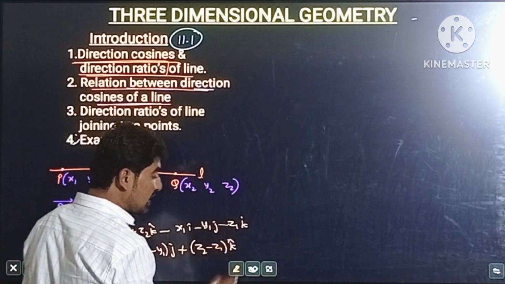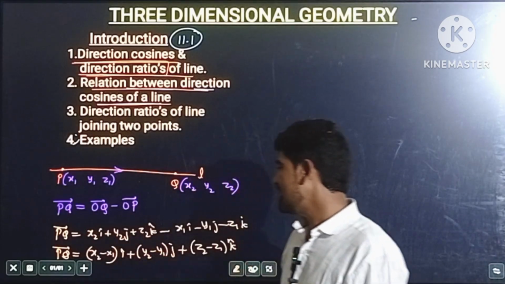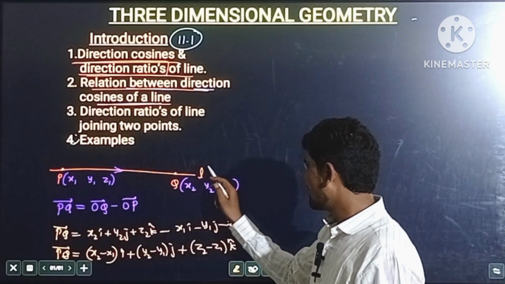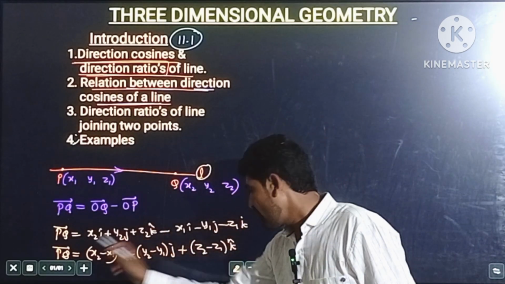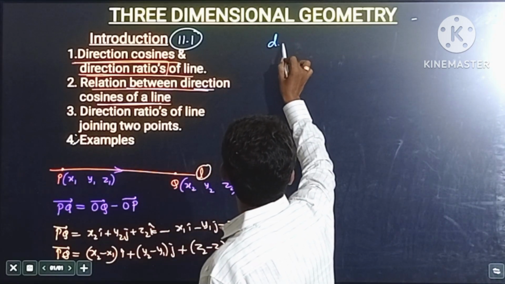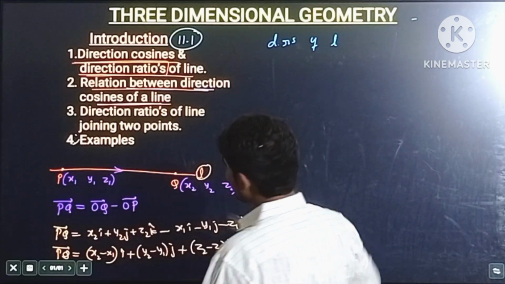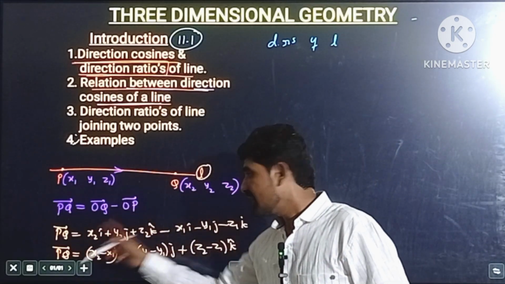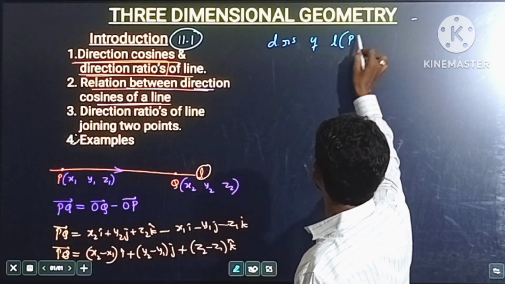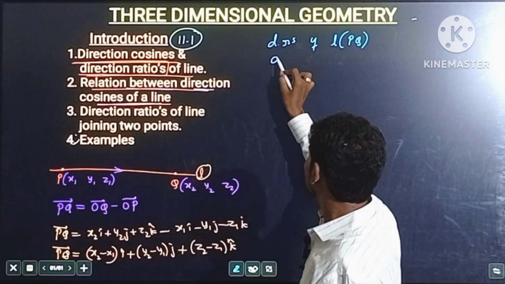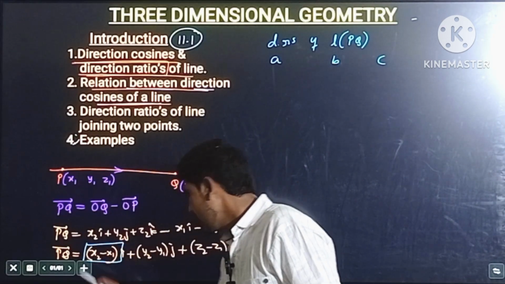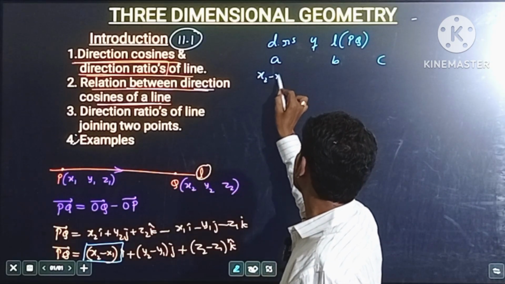As you know, in a vector the coefficients of i, j and k are known as the direction ratios of the vector. So here we are identifying the direction ratios of L, or PQ, the line segment joining the points P and Q. The direction ratios are denoted by A, B and C. The value of A is the coefficient of i, that is x2 minus x1.